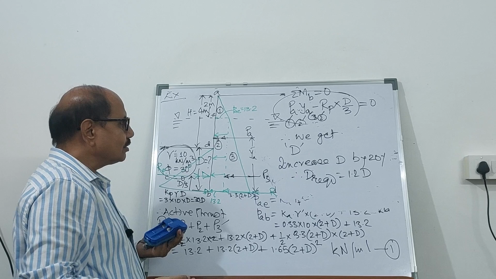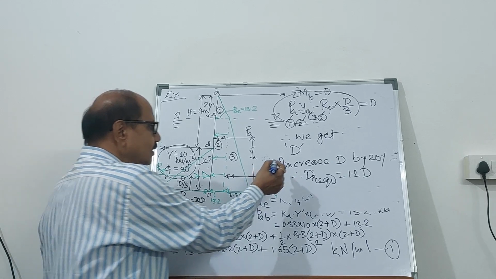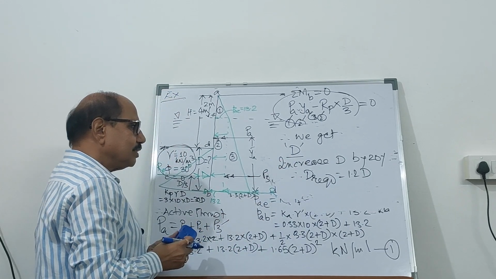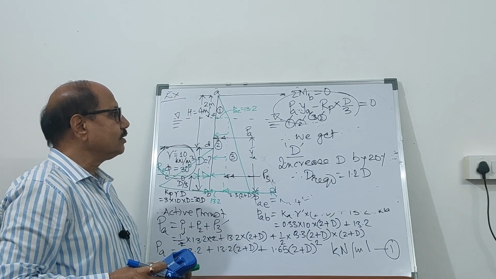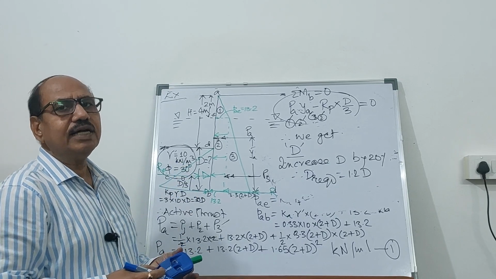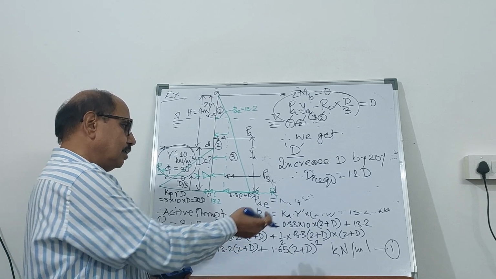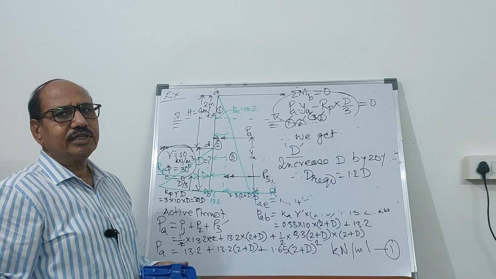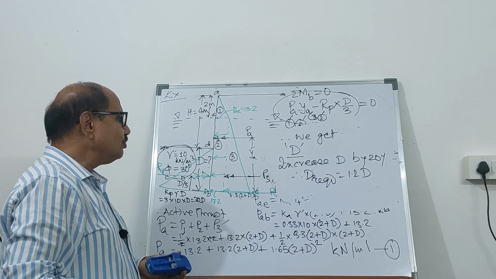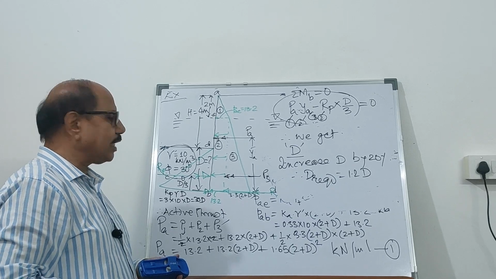Finally, you need to calculate the depth of embedment, and I leave it for you to calculate. So many problems we have done in the past, and you know how to substitute the values and solve the equation to get the depth of embedment. I hope you have understood it in totality. Thank you very much.